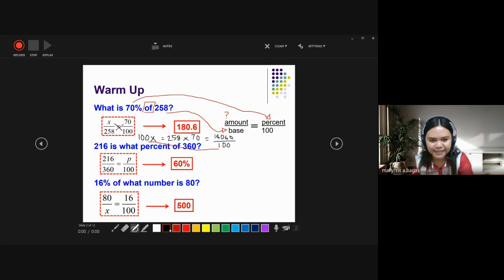That's why we get 180.6. So X is equal to 180.6.